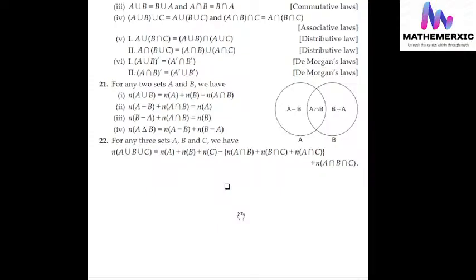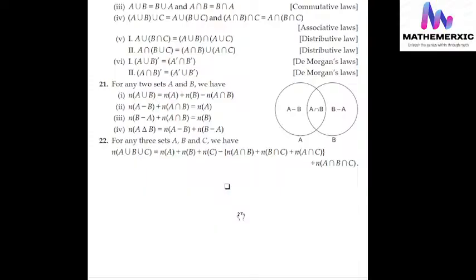For any three sets, whenever we have a union of all three, it is the summation of the separate terms minus the number of elements of A intersection B, B intersection C, and A intersection C.